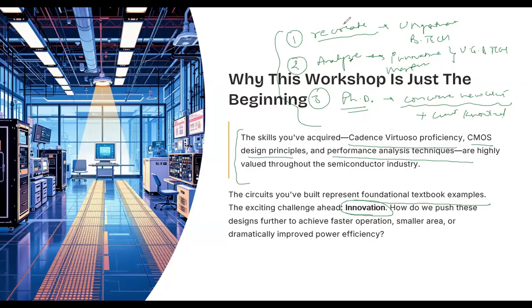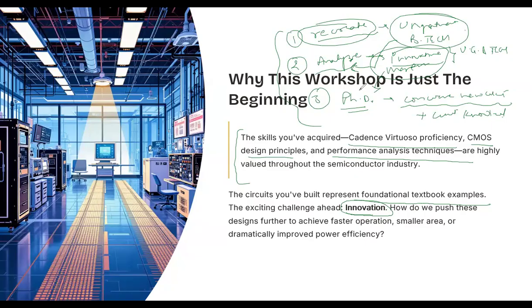If you are at the undergraduate level, we want you to recreate the circuits. If you are a brilliant student at the undergraduate level, we want you to recreate and analyze them and bring out something new out of it. If you are in a master's, you analyze, you innovate, and apply your knowledge for something good, or you will be able to find some novelty in some cases, and in some cases you are not able.